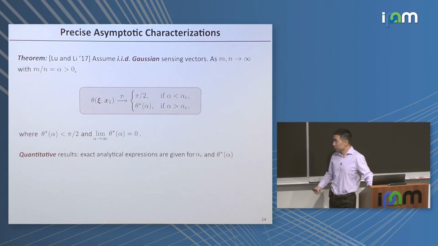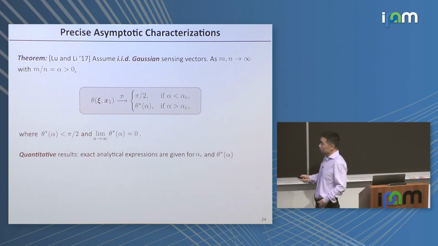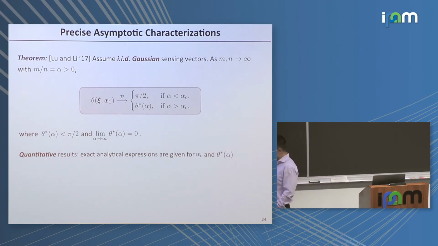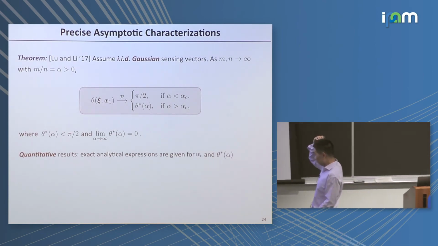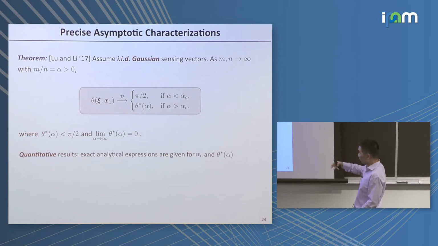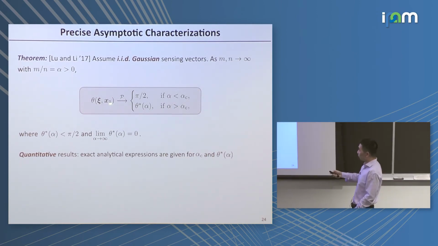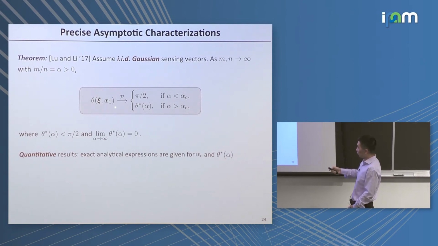Okay, and then we do some asymptotic analysis. For people doing random matrix theory, it should not be a surprise that there is this asymptotic limit for the angle between psi and x1, and there's also a phase transition behavior.